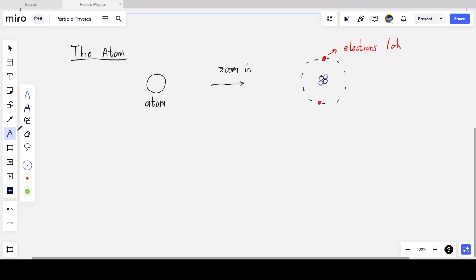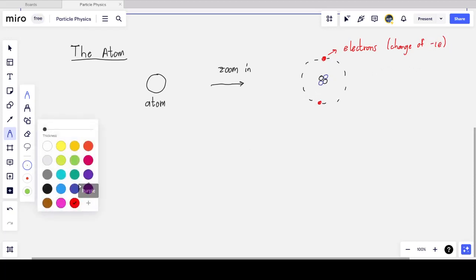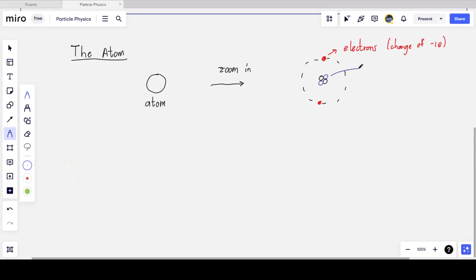And these electrons have a charge of -1, a relative charge of -1. And we'll give these values an actual physical meaning soon, but we'll assume that for now it's one elementary unit and it's negative. Then inside the nucleus, we have protons and neutrons.